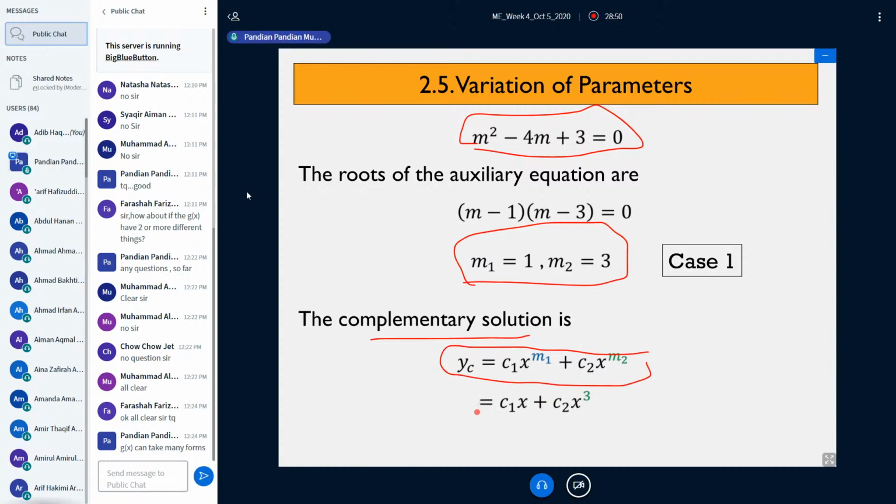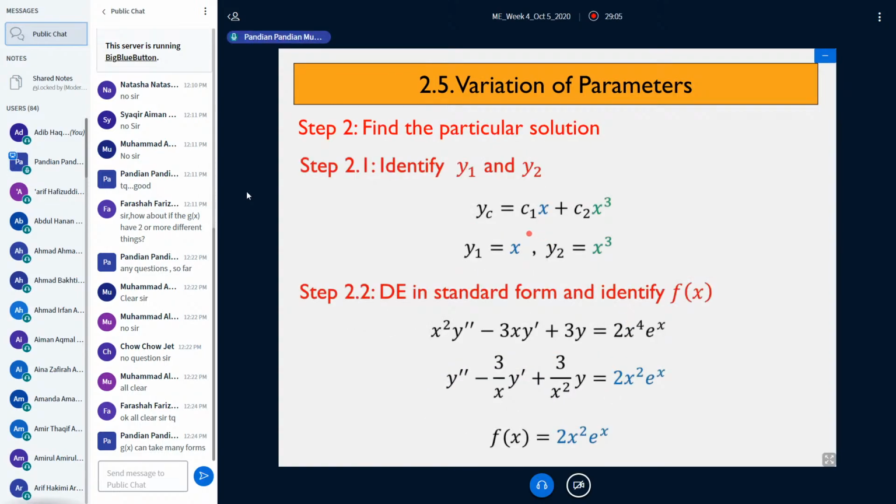If you simplify, yc is c1 x to the power 1 plus c2 x to the power 3. So this is your yc. From yc, you can create y1 equals x and y2 equals x to the power 3. So you already have y1, y2.